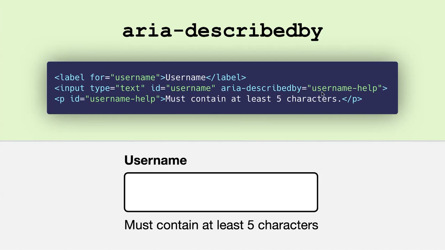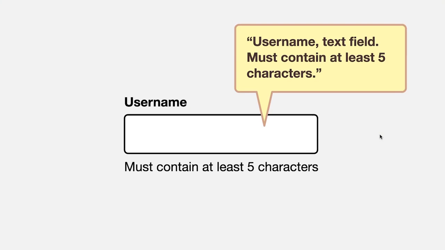So you go aria-describedby="username-help," and then below it, id="username-help." And by doing this, you're saying that when I select this control, I want this information read out as well. So in this case, you would get "username text field, must contain at least 5 characters." The crucial thing is if you're not doing aria-describedby, you're not getting that text. And that's really surprising, I think, to most developers. It's like, wait, what?